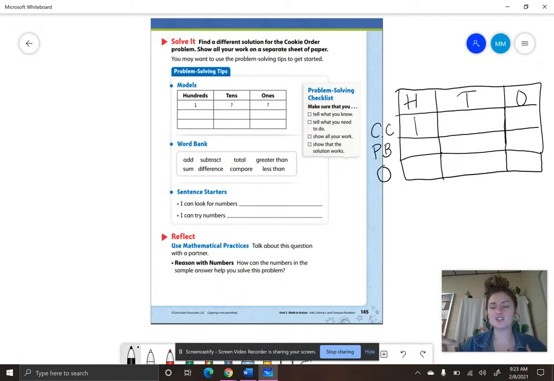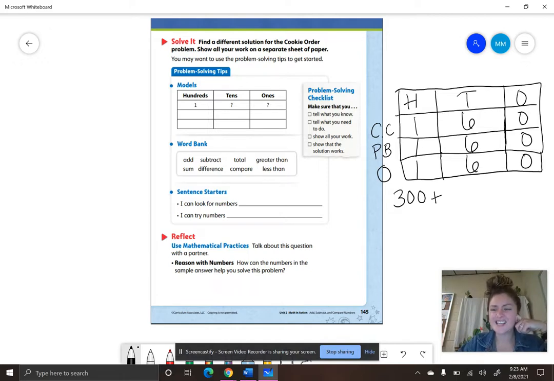So Miss Mason suggested 160. So 160 for each type, 100, 6 tens, 0 ones. So if I put all of these together, I would have 300 plus 6 plus 6 is 12, and 12 plus 6 is 18.